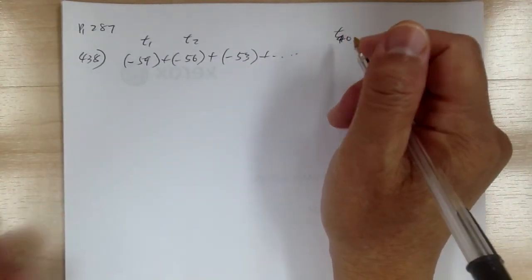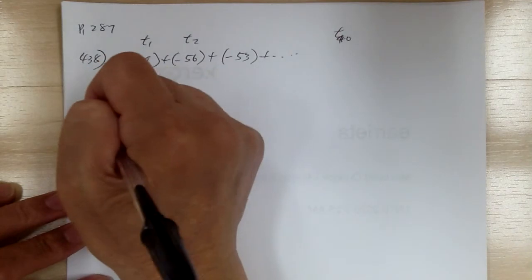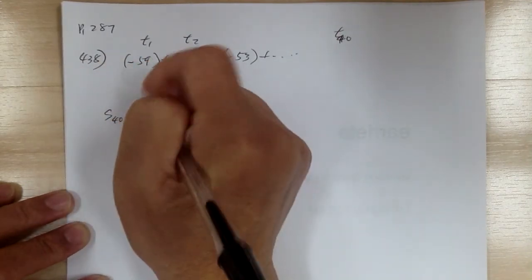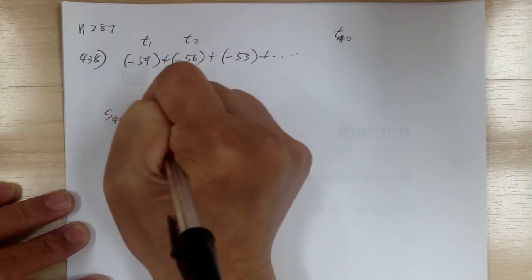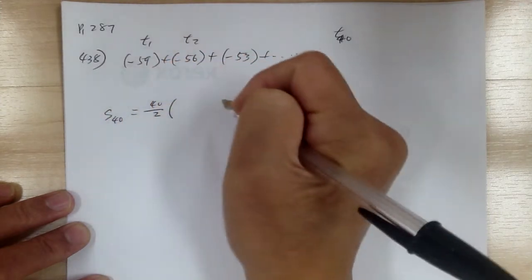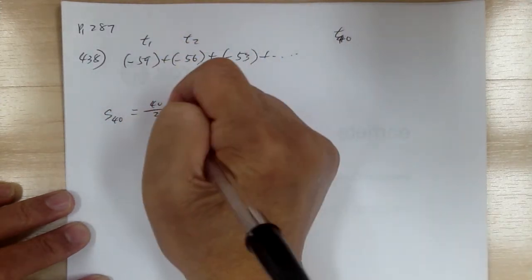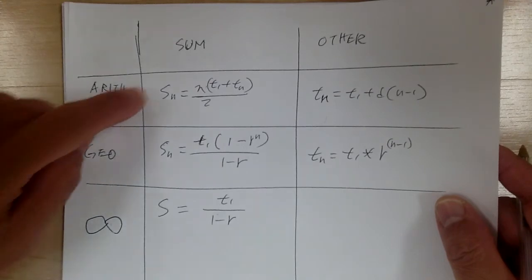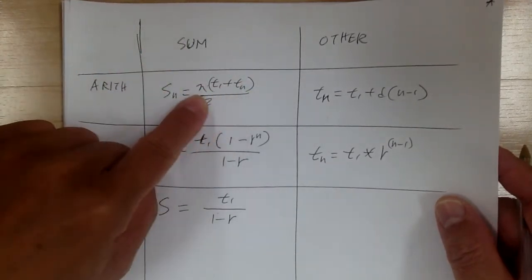So again, since you're looking for a sum, write down S40 equal to 40 over 2. This is arithmetic, so if you remember the formula, whenever you have arithmetic and it's a sum, right away you start with this formula.